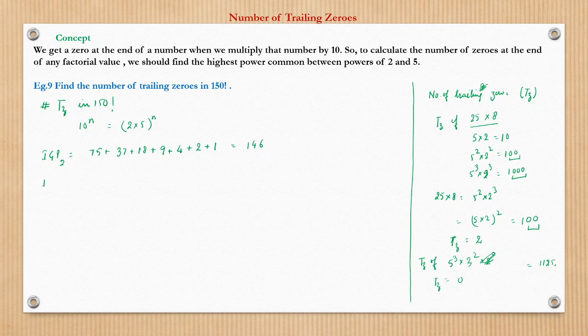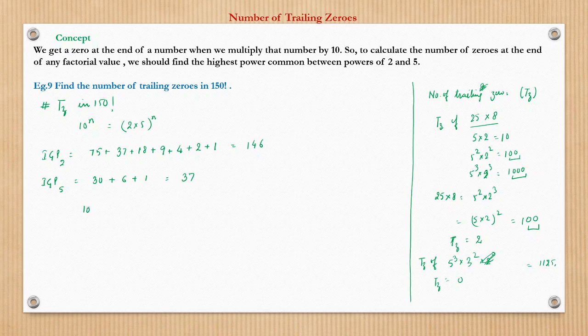And similarly we will find the index of greatest power for 5, because 2 and 5 we should be concerned with. For 5, it would be 150 by 5 is 30, 30 by 5 is 6, 6 by 5 is 1. So it becomes 37. So how many sets of 2 and 5 both can we have? We have enough 2s, but 5 we have only 37.